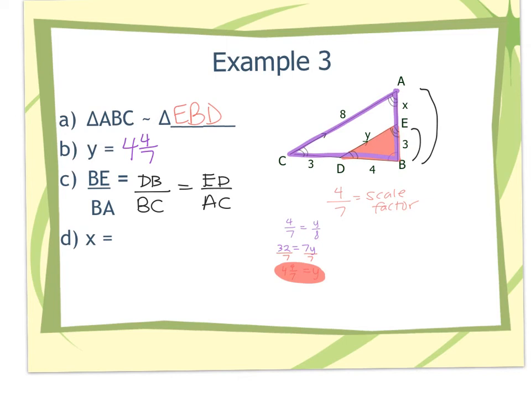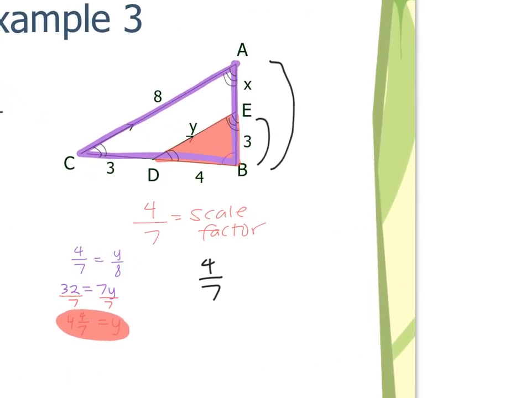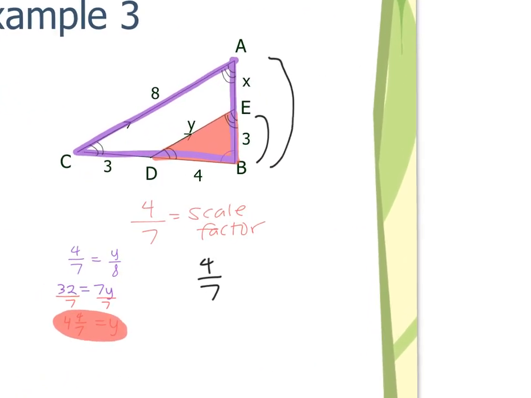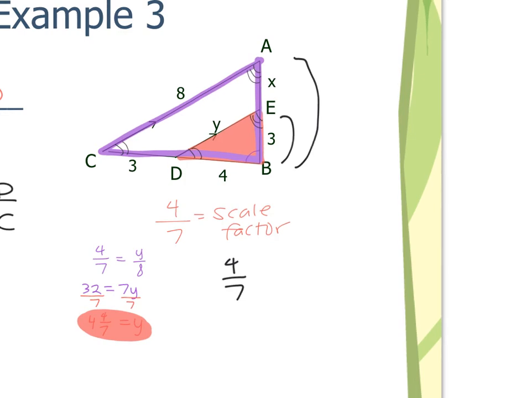And then D wants me to solve for X. So I'm still using the scale factor of 4 to 7. 4 to 7 is a side in the small triangle to a side in the big triangle. So if I want to solve for X, what goes in the top? 3, and in the bottom? 3 plus X or X plus 3, good.